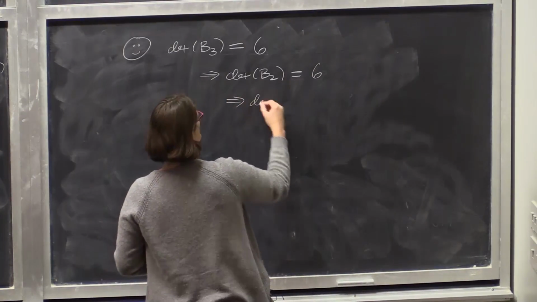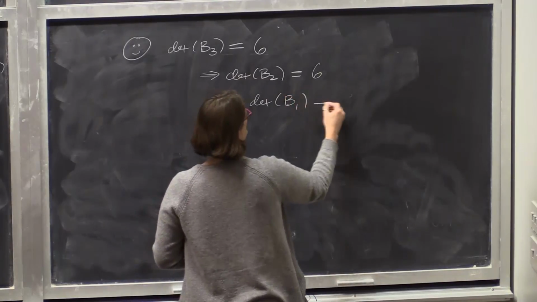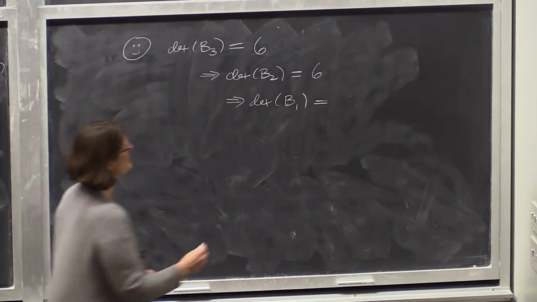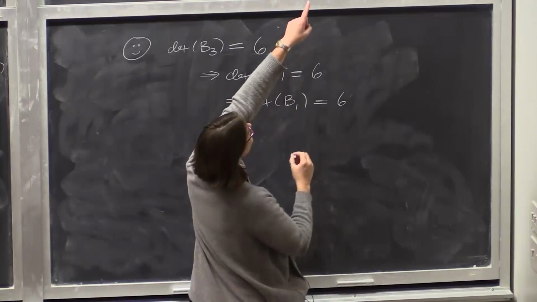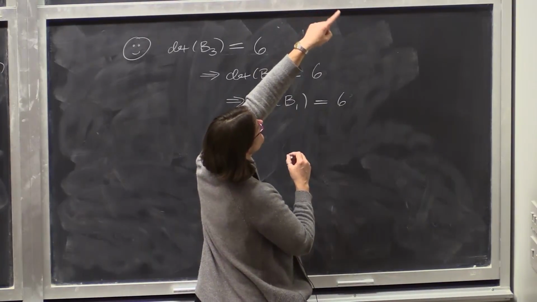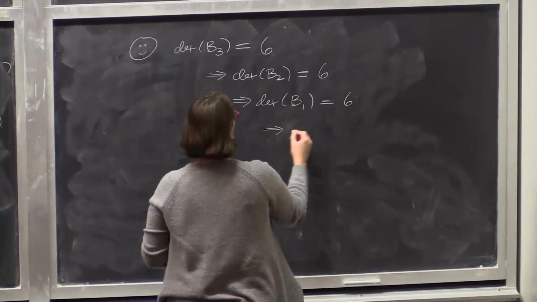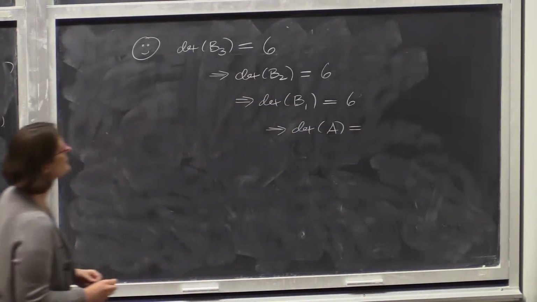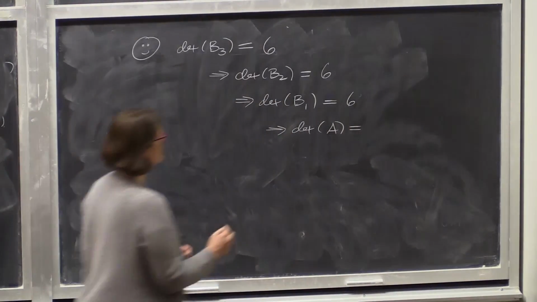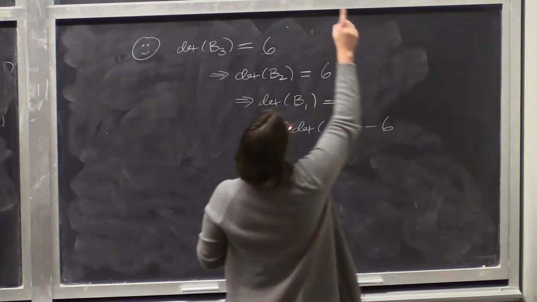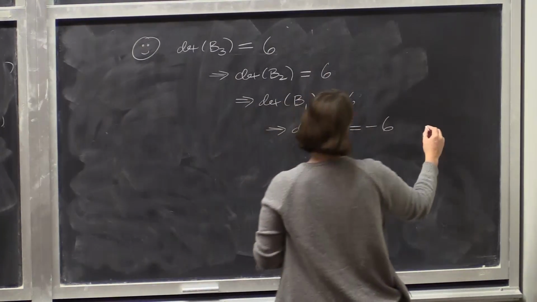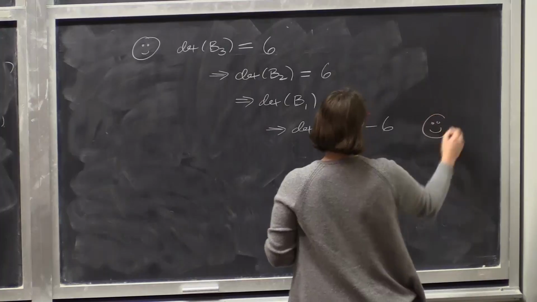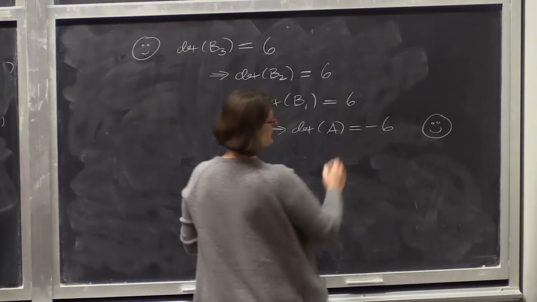This tells us that the determinant of B1 is equal to 6, because the determinant of B2 equals the determinant of B1. This tells us that the determinant of A is equal to negative 6, because the determinant of B1 is the negative of the determinant of A. And so then you put a little box around this and you turn the page.